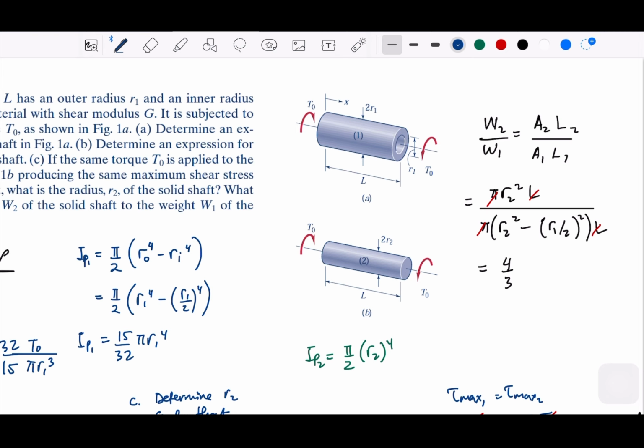So we exchange everything with R1 for R2, and we get this ratio.